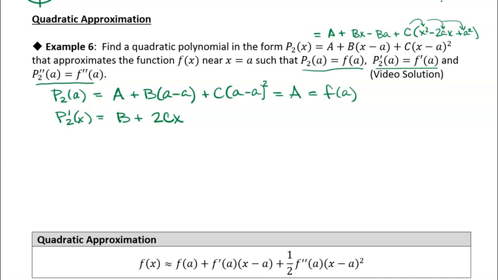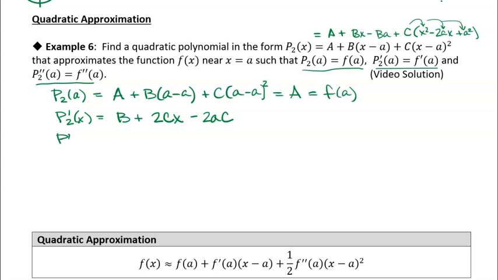The next term is going to be 2a times c times x, so the next term will be a minus 2a times c, and then the derivative of x is 1. And the last term is going to be ca squared, which is a constant, and so the derivative of that is 0.